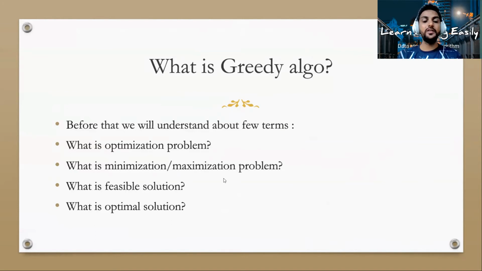Now, what is a feasible solution and what is an optimal solution? Out of all possible solutions, the solutions which satisfy the constraints are known as feasible solutions. And out of the feasible solutions, the solution which satisfies your criteria of minimization or maximization is known as the optimal solution. Understood? Now I will explain what a greedy algorithm is.